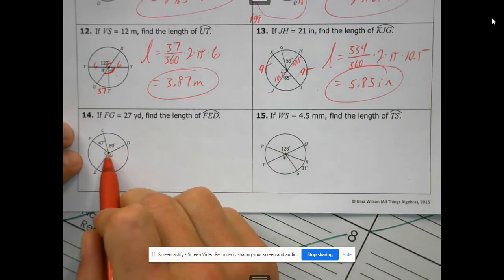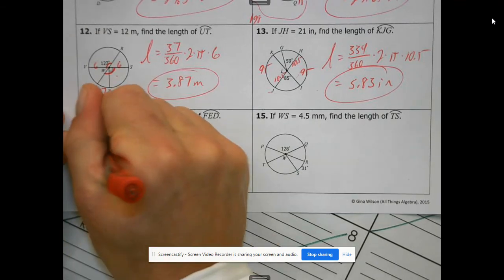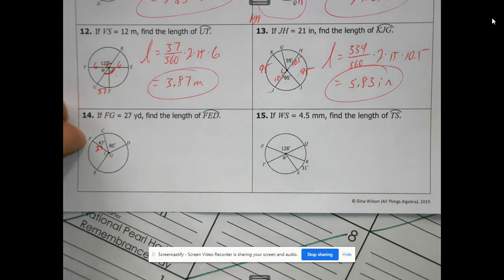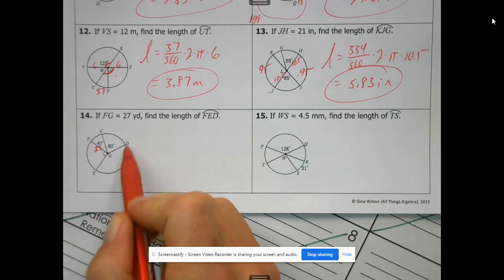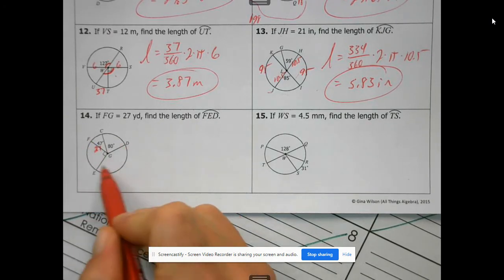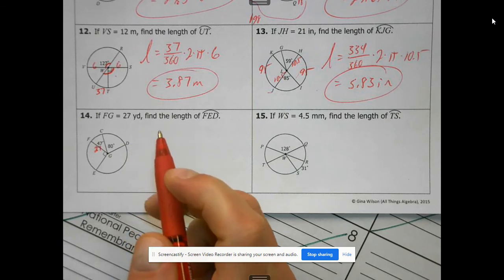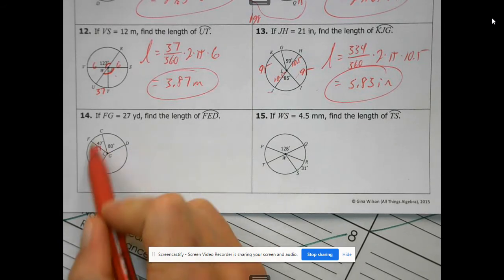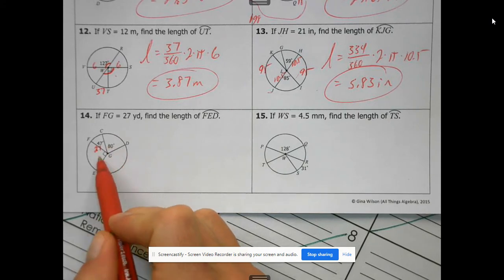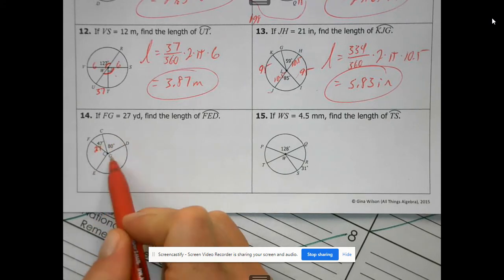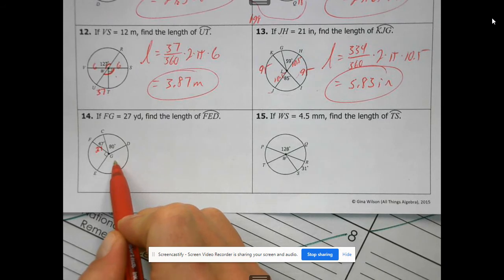F to G is 27. That's your radius. Find length of FED. All of this right here. Well, I know in a circle, it adds up to 360. I've got 80 here, 47 here, 90 here. Add those three up, subtract from 360 to get this guy right here.